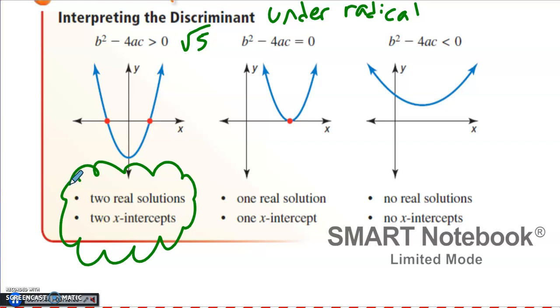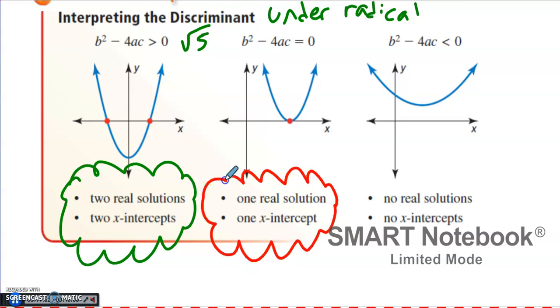If the discriminant b squared minus 4ac equals 0, we're only going to have 1 real solution, or 1 x-intercept. And if b squared minus 4ac is less than 0, there's going to be no real solutions. There's going to be no x-intercepts because it will not cross over the x-axis.